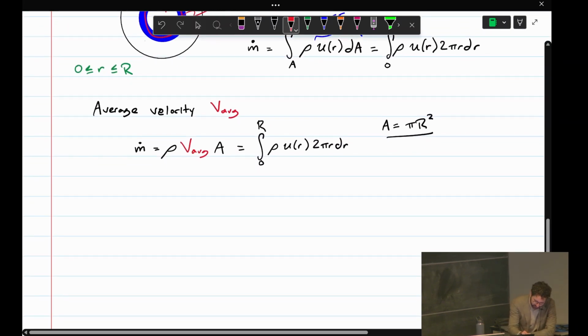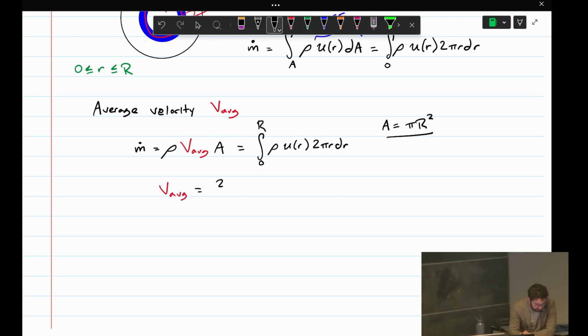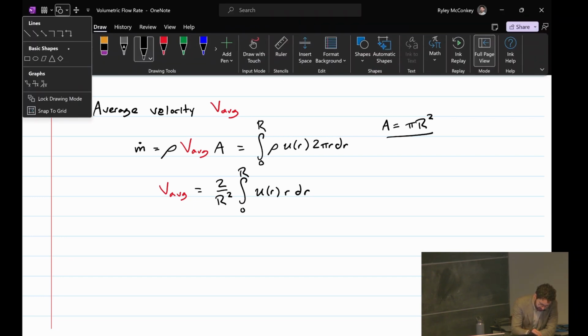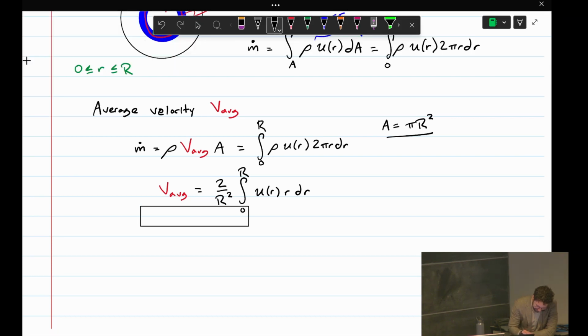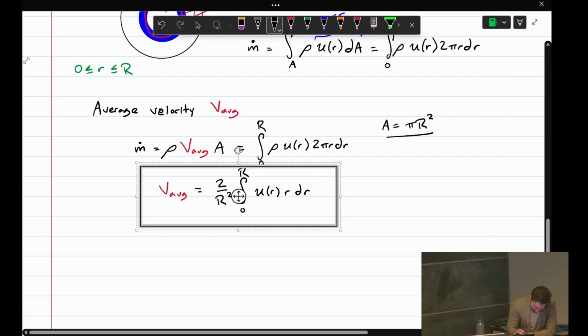So this allows us to calculate, with some rearranging that I won't do, the average velocity is 2 over R squared times the integral from 0 to R of u of r dr. So this is the definition of average velocity.